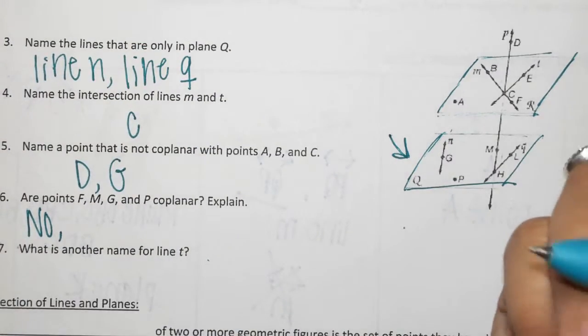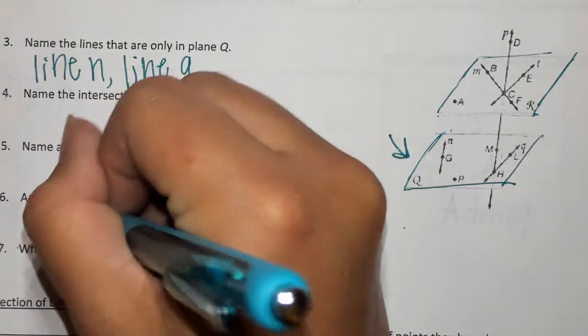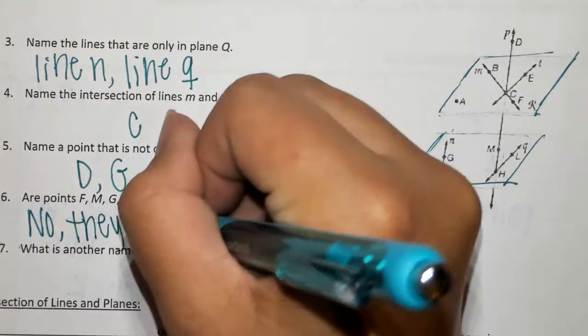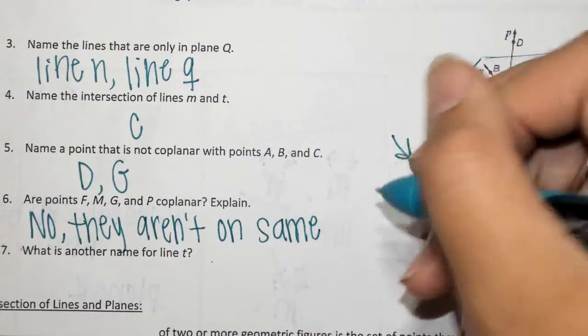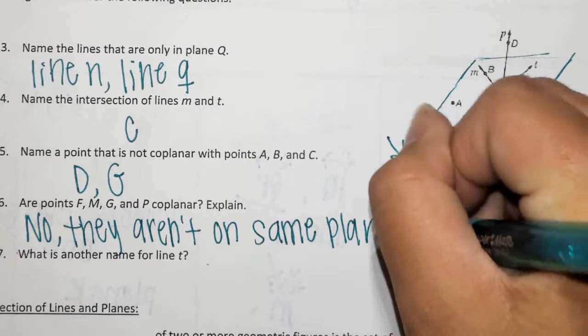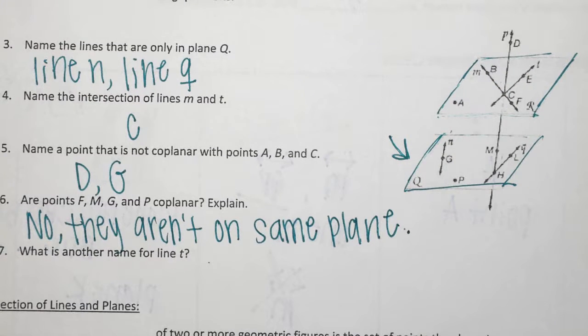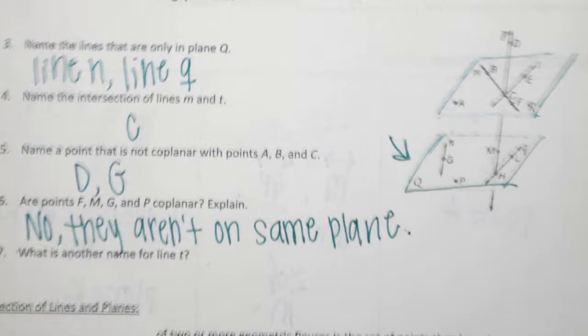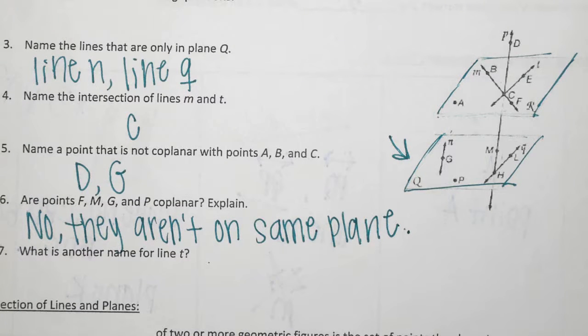It doesn't have to be a long explanation. Short sentence. Does your reasoning match with mine? Yes. Why are they not coplanar? Well, because they're not on the same plane. Okay.